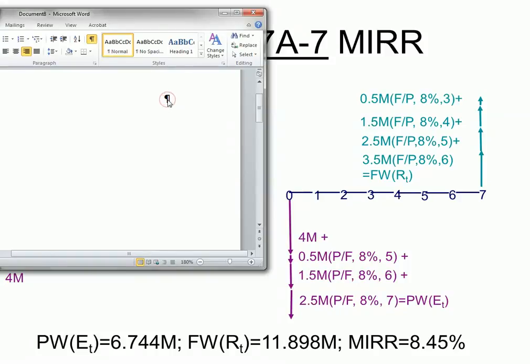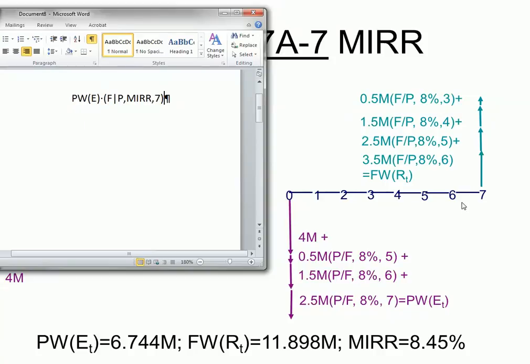It's going to be the present worth of all the expenses, multiplied by the factor of find its future value, given that this is a present, at MIRR over n, and n in this case is 7 years.